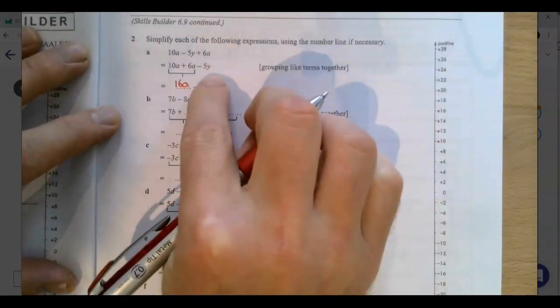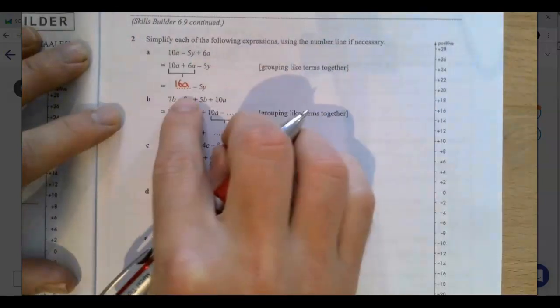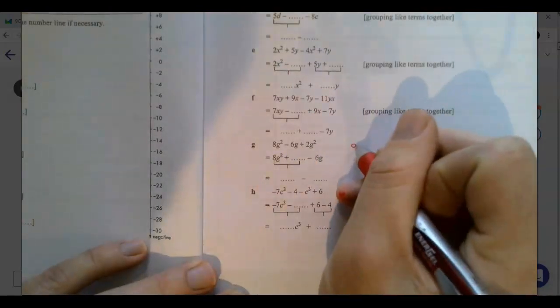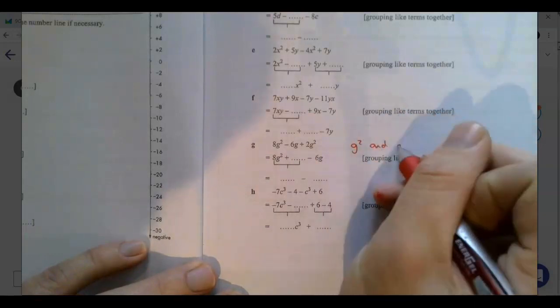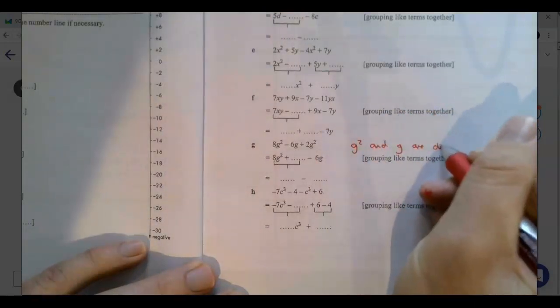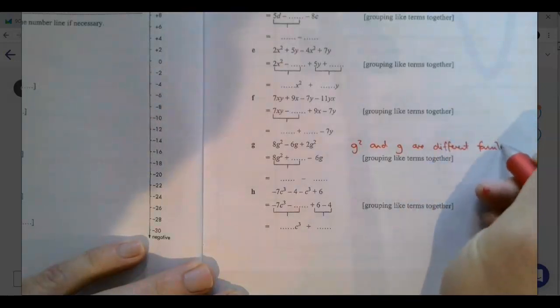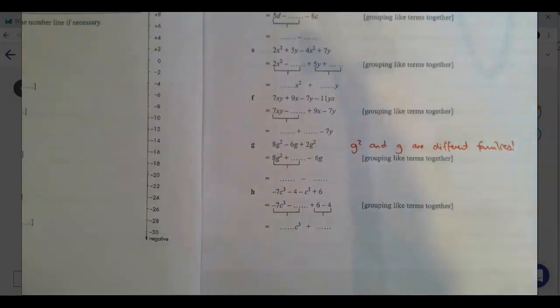We still have the minus 5y, so our answer at the end is 16a minus 5y. A little reminder when we get down here that g squared and g are different families, so they are not like terms, meaning we have to keep them separate.